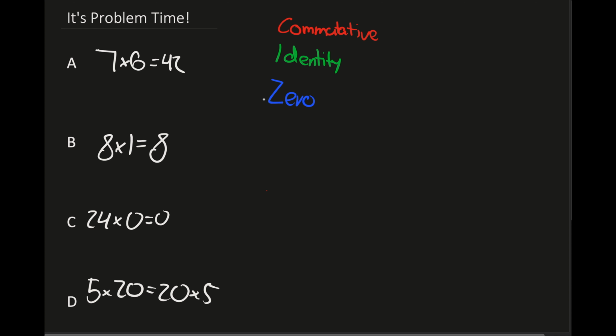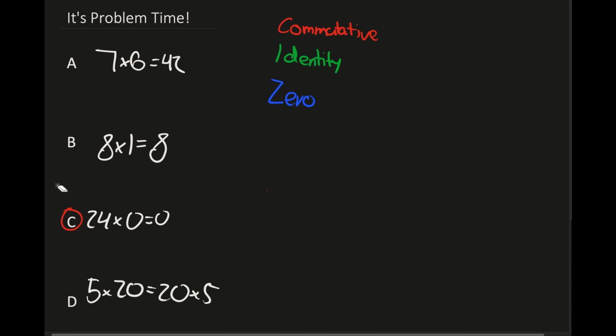Now I'm going to show you an example of how this is going to work. If I circled everything like this, that would mean I thought that this equation showed the 0 property, this equation showed the identity property, and this equation showed the commutative property.